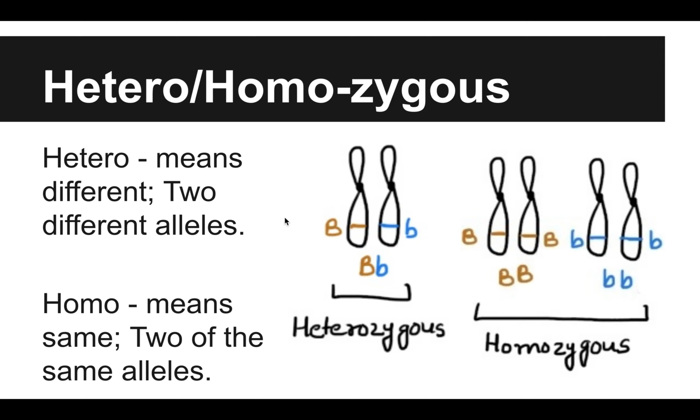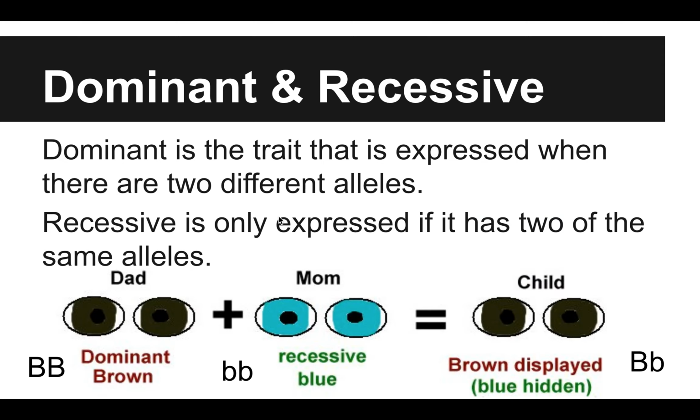Now, the last 2 things are probably the most important. So this is dominant and recessive. We're starting to talk about traits. We're talking about genetics. We're talking about what we look like, what our genes are, and if they match, what does that look like? So if we say someone has a dominant trait, all you need is one of those genes in order for it to be expressed physically on the outside.